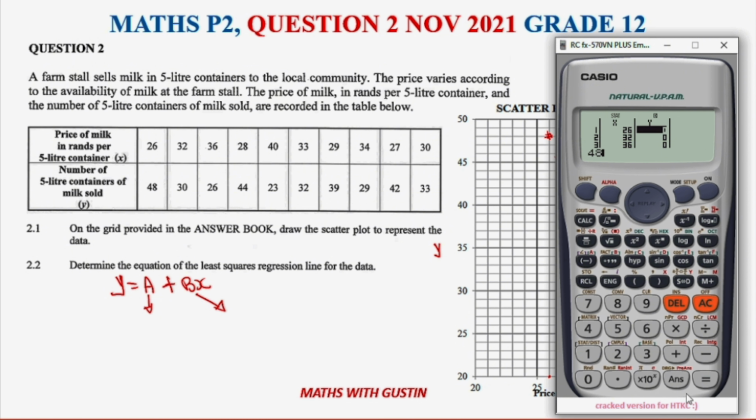We've got 48, and then we've got 30, and then we've got 26, we've got 44, 23 equal to, 32 equal to, okay, 39.